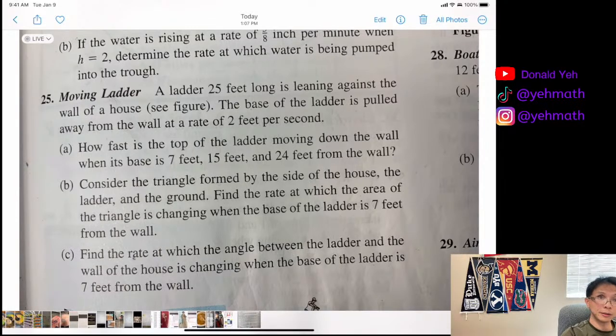There are 3-part questions here. That's a tall ladder. Now, Yulia, the ladder is 25 feet long. That doesn't change.